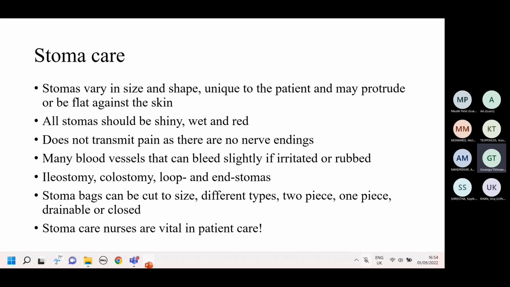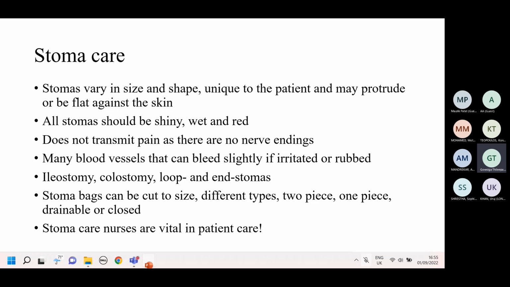If there's any change, or if the stoma is having a high output, you should be aware of this. Usually a stoma has no pain and no nerve endings. And the stoma nurses play a vital role in this patient care.